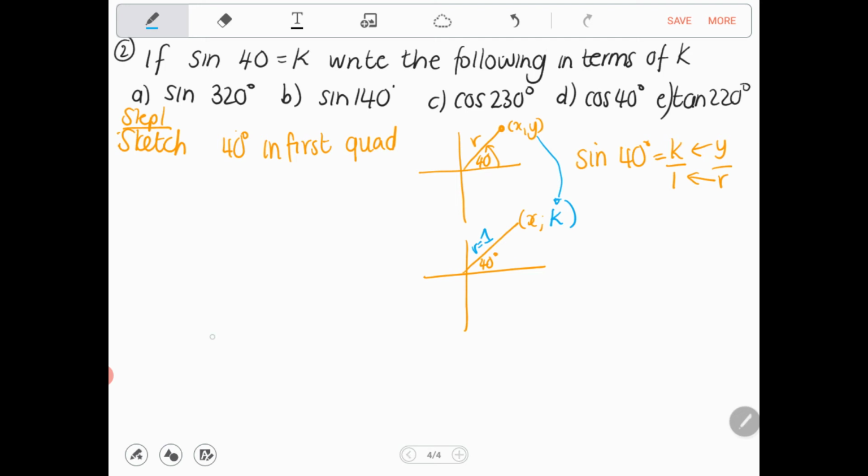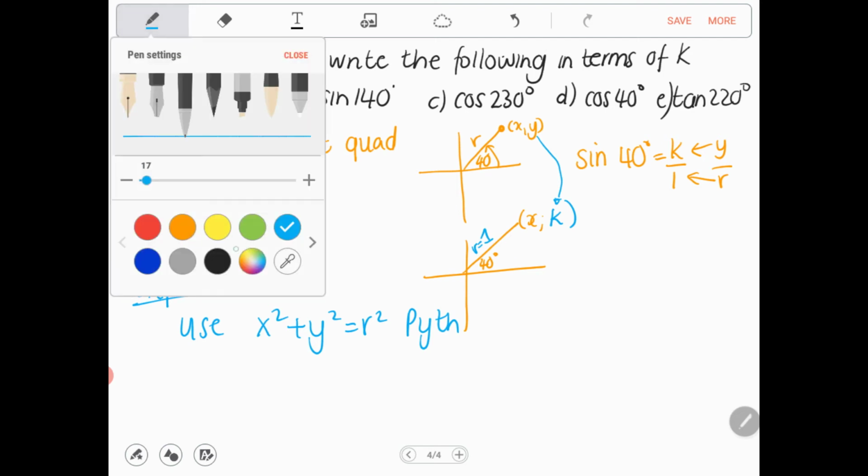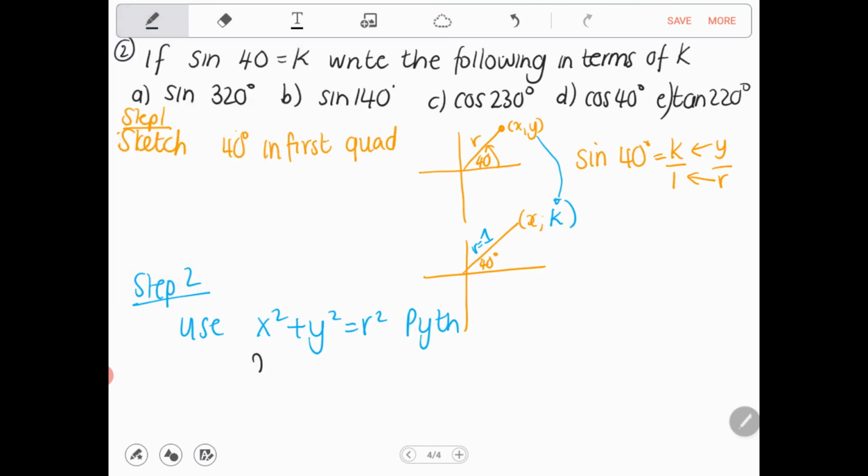Okay, so what am I trying to find? Well, we're using x squared plus y squared is r squared, like we did in the beginning. I'm looking for x. My y is a k, and my r happens to be a 1 again. So x squared plus k squared is equal to 1 squared, which is 1.